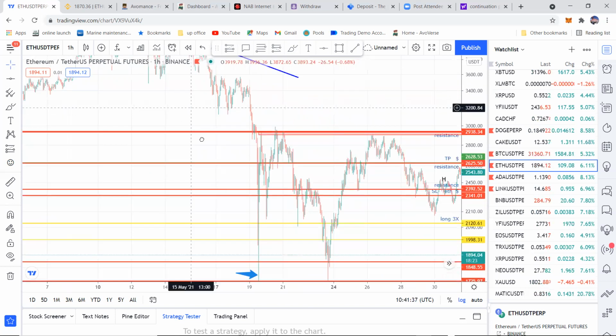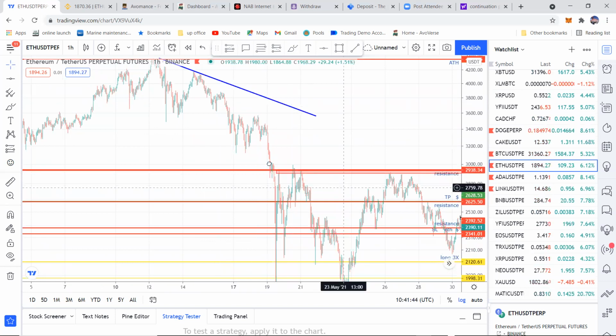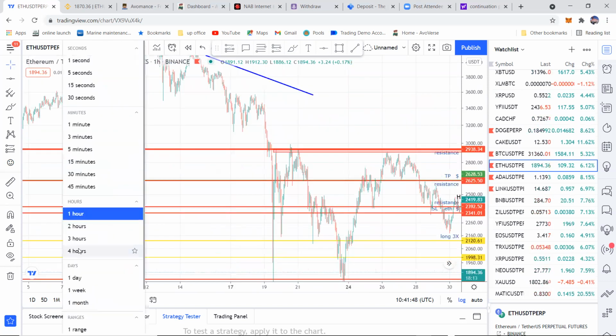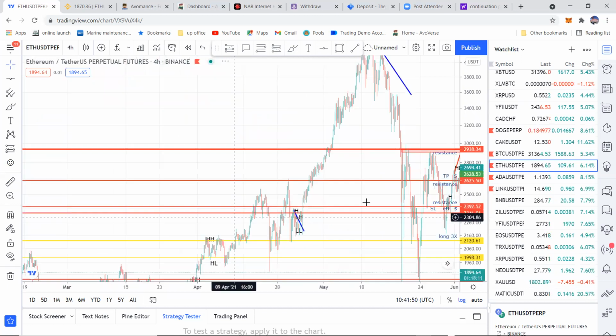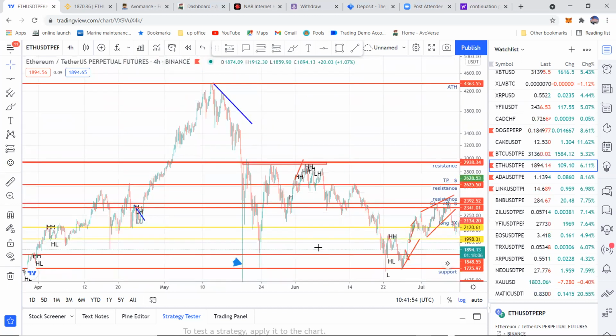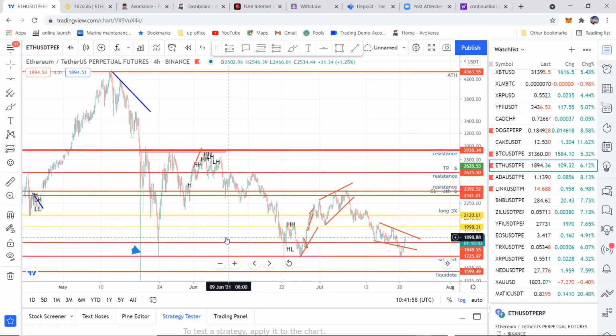And as you can see, it became a very steep downtrend here. And still, if we're looking on the 4-hour or the hourly time frame, it still really is a downtrend.